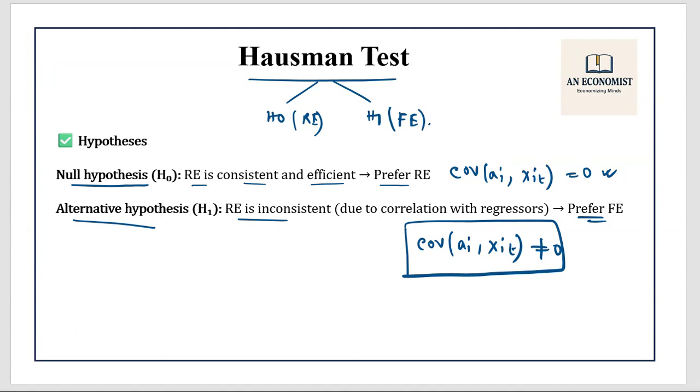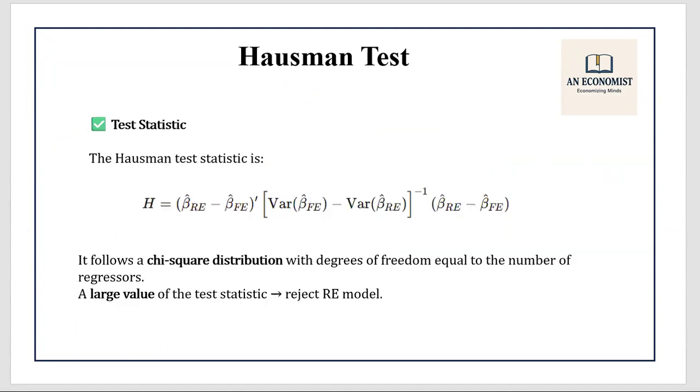Right? Now, how do you decide on the rule? To arrive at the decision rule, we need to have a test statistic. In any hypothesis testing, we should formulate a test statistic. In case of Hausman test, this is the test statistic that we use.